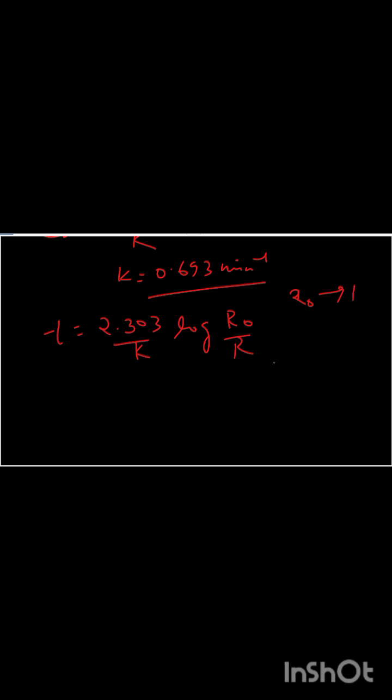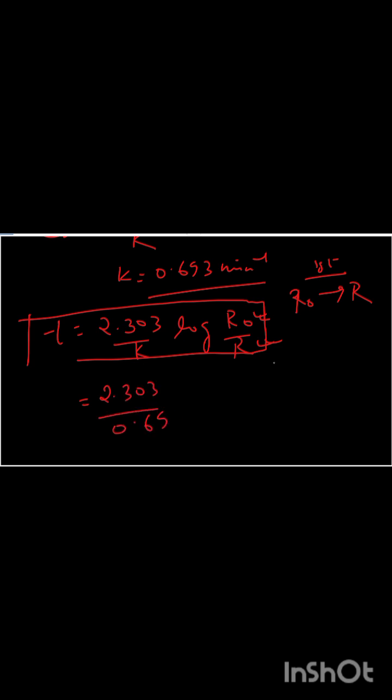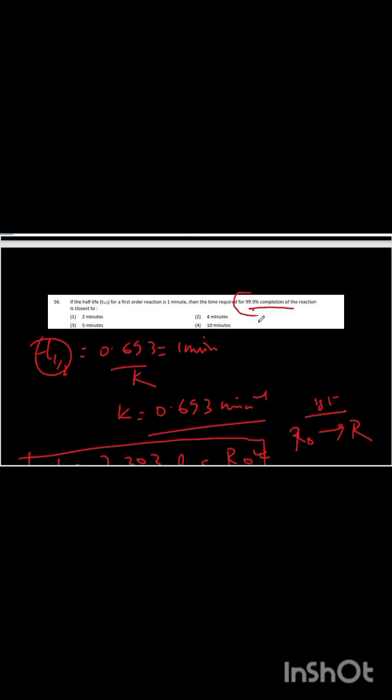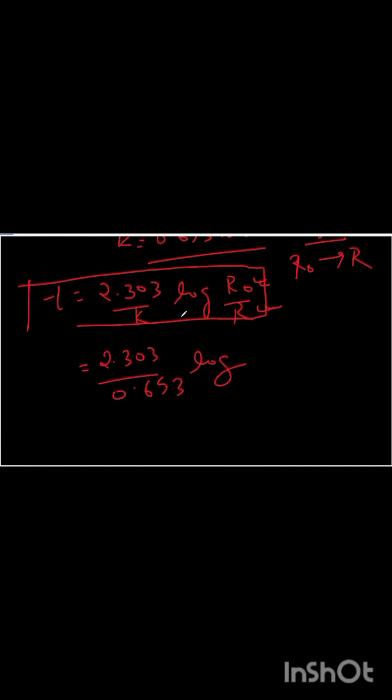For a reaction, reactant to product, the time of the reaction for a first order reaction is this: concentration of reactant initially by concentration of reactant later. Now substituting the value of K. Suppose the initial reactant was 100 gram.